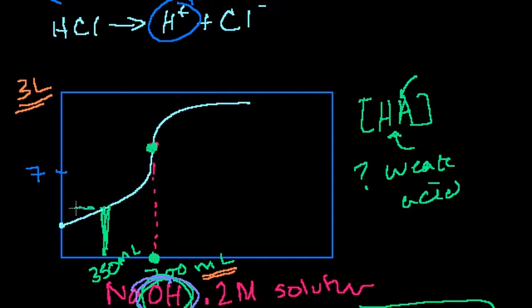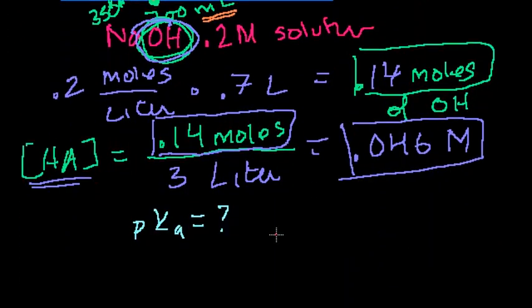Well, you go there and you say, okay, the pH was, maybe this number is 5. pH is equal to 5. And we know from the last video that at the half equivalence point, the pH is equal to the pKa, the negative log of our equilibrium constant. So there, we figured out the equilibrium constant as well. The pKa is equal to 5.